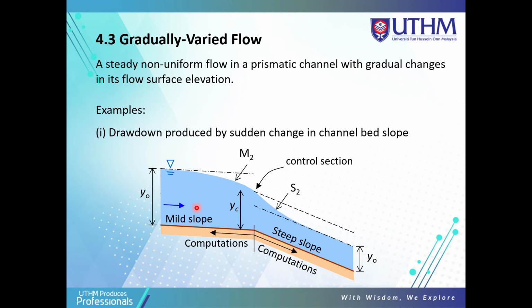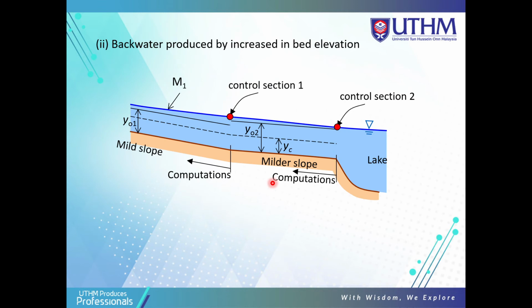This is the sketch of the drawdown for gradually varied flow. This is also the concept for gradually varied flow when backwater is produced by an increase in bed elevation, from the mild slope here.